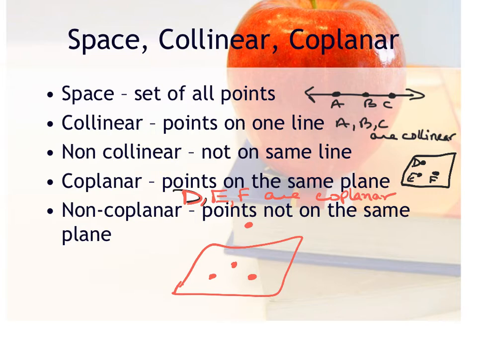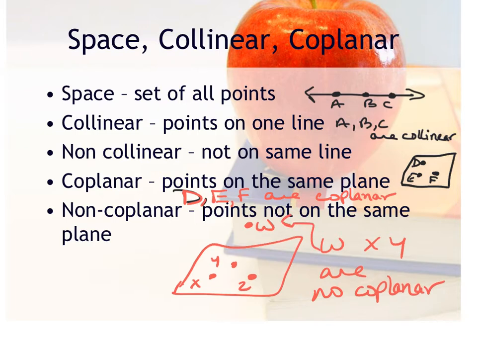So I could call this X, Y, Z, and I could put W. And then W would not be in that plane. So that would be an example of non-coplanar. So I could say W, X, and Y are non-coplanar because W isn't on the plane. It's not in that quadrilateral shape.